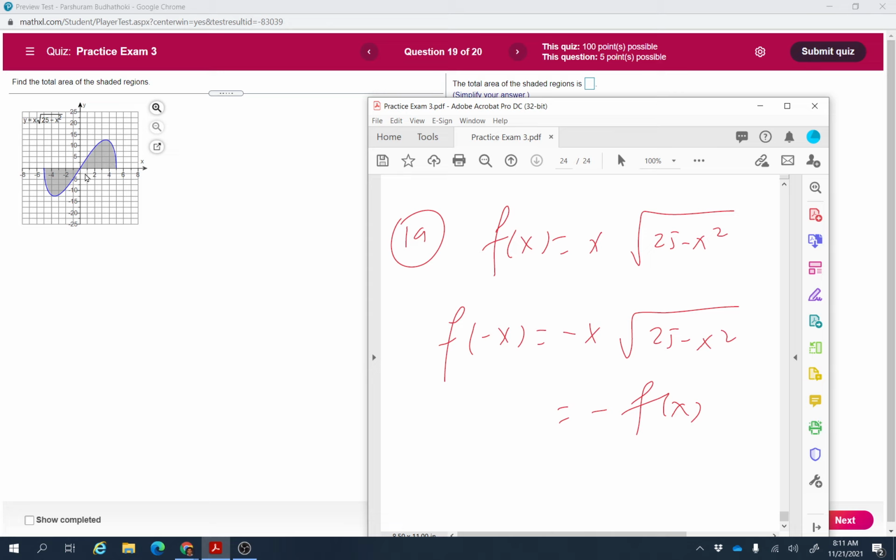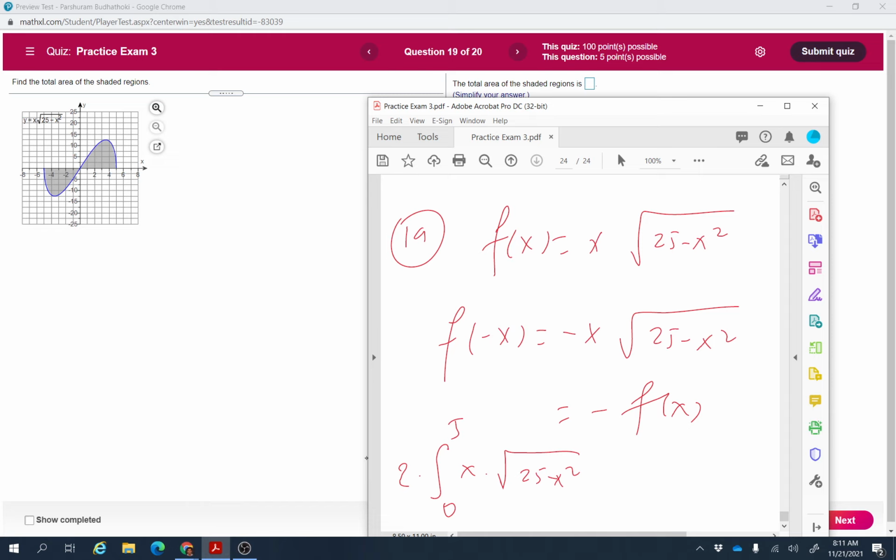So when you find the integration of this function, x times square root of 25 minus x squared, from 0 to 5 and multiply that by 2, that will give you the area for both parts. Since the integration from negative 5 to 0 will be negative, you are just making it positive.